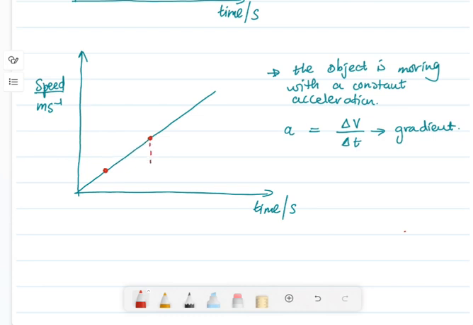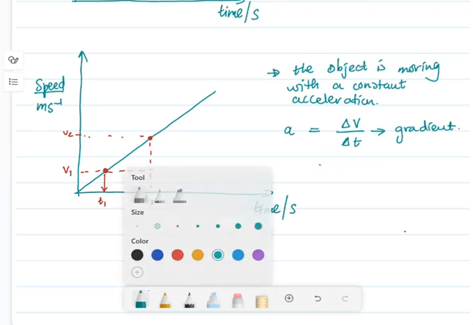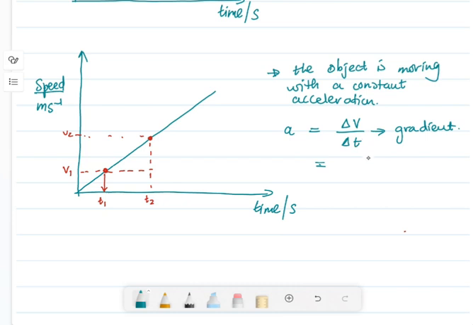Remember, maybe from mathematics you need that triangle. Of course, this point here is associated with a certain t value. We can call it t1, and then this one is associated with another point t2, and then vertically we have a speed, maybe v1, and that one we can call v2. So when you're calculating your acceleration, I know you're familiar with v minus u over t, but you can always write v2 minus v1 over t2 minus t1.